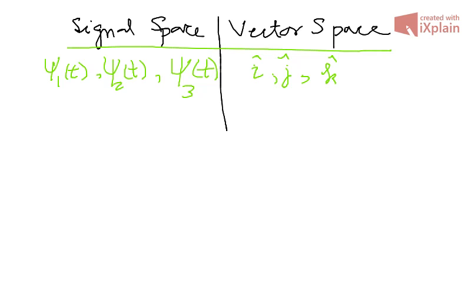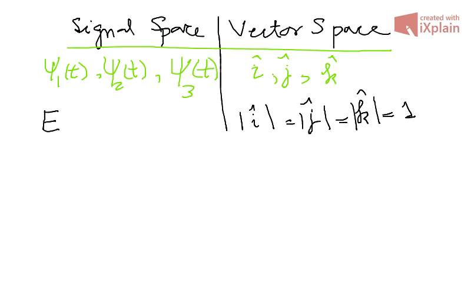Another property is the magnitude. We know that the magnitude of unit vector i, the magnitude of unit vector j, and the magnitude of unit vector k, all are unity. Now here in the signal space we have the energy.